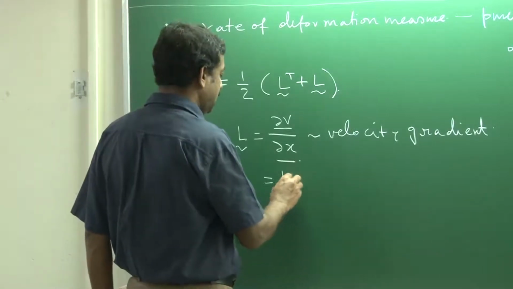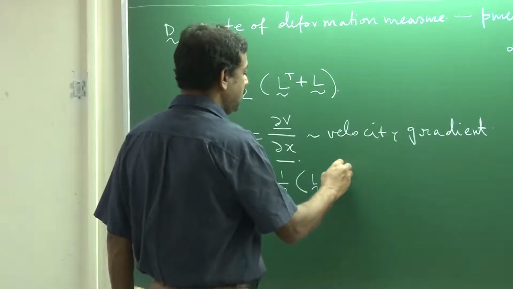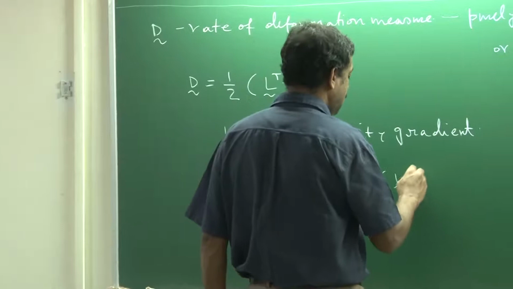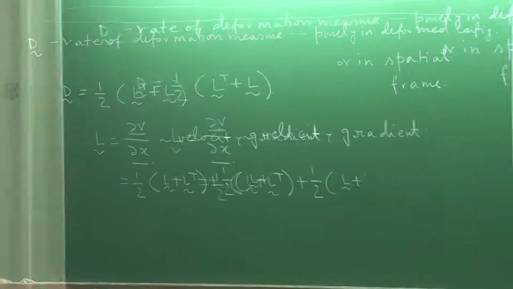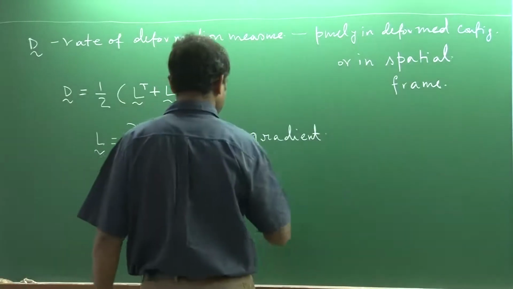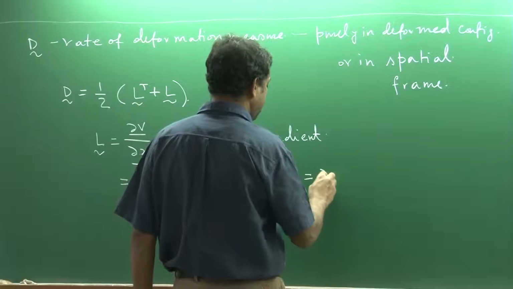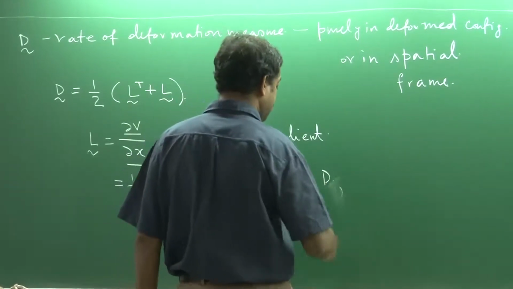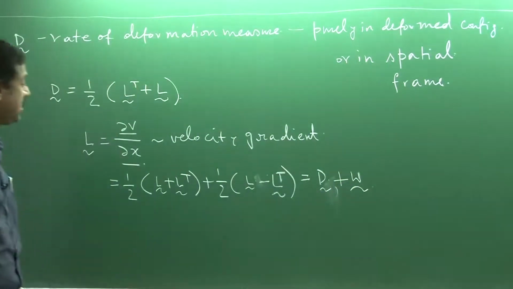Any square matrix can be written as a symmetric part and an antisymmetric or skew symmetric part. So, that we were defining as D_ij, the first part is the rate of deformation tensor, and then that was the spin tensor.